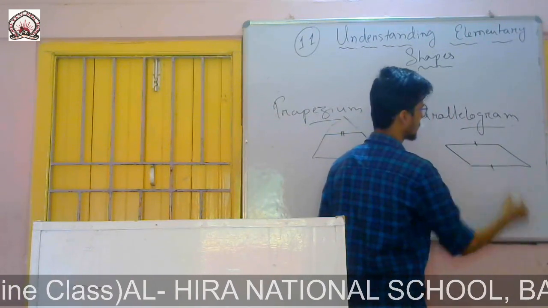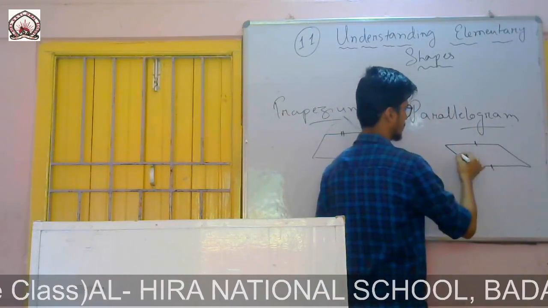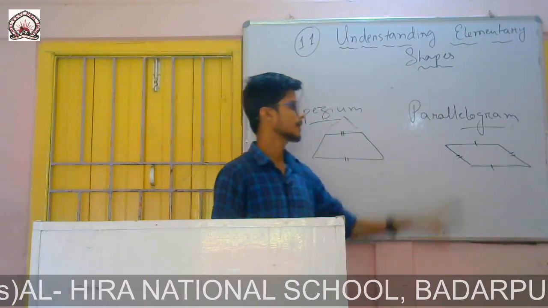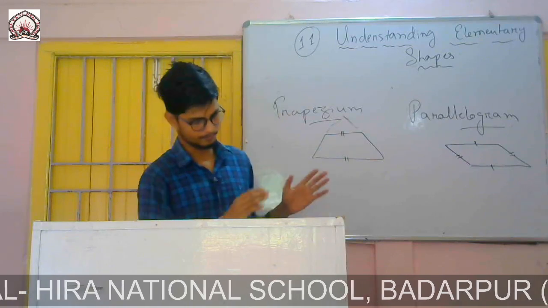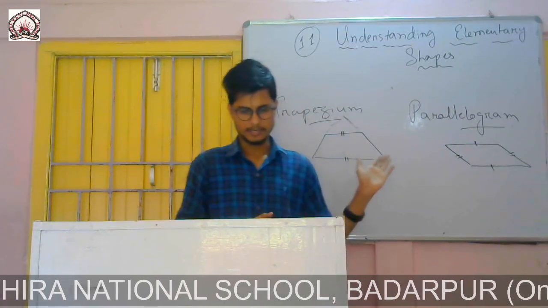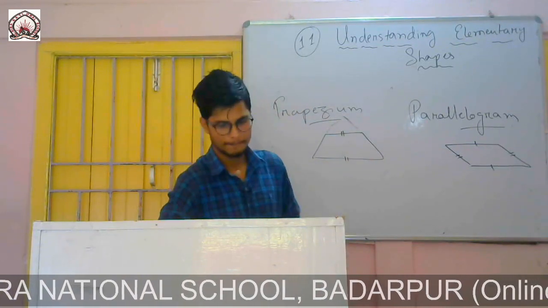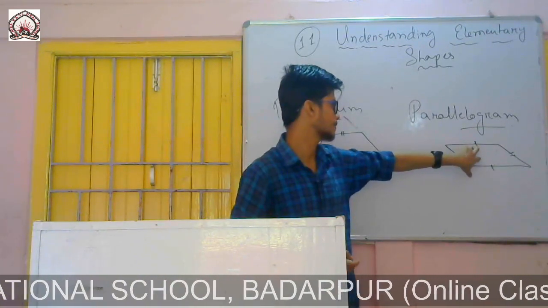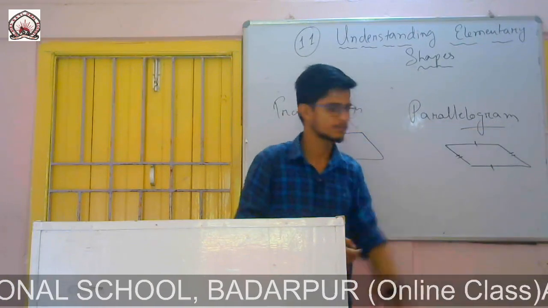This pair and this pair are opposite sides. This one and this one are also opposite. So to be a parallelogram, the opposite sides should be parallel. It should have two opposite pairs, one pair this one, another pair that one.